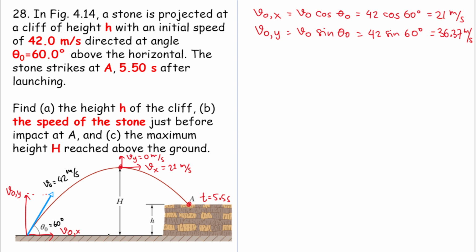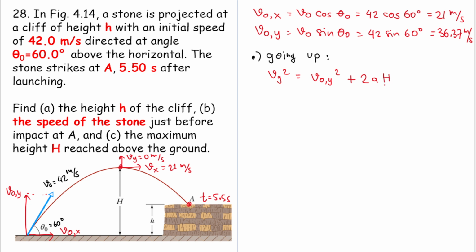Okay. Now let's analyze when the projectile is going up. We will have Vy squared equal to the initial vertical velocity V0y squared plus 2 times the acceleration multiplied by the maximum height, so we will have H here.